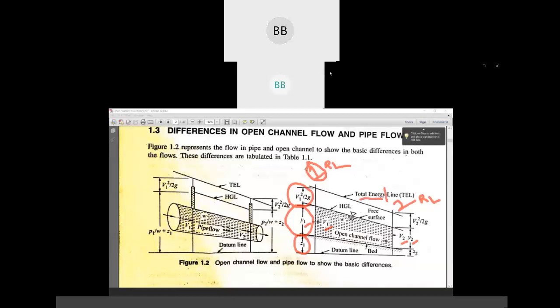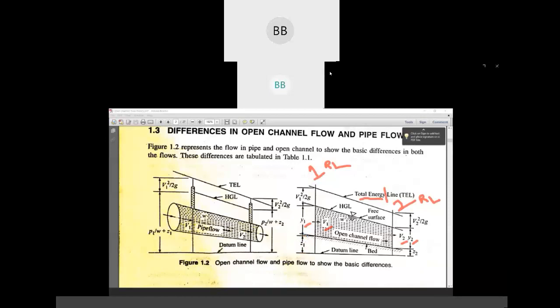If for any section you add kinetic energy head, potential energy head, and datum head, then you are going to get the total energy for that particular section.